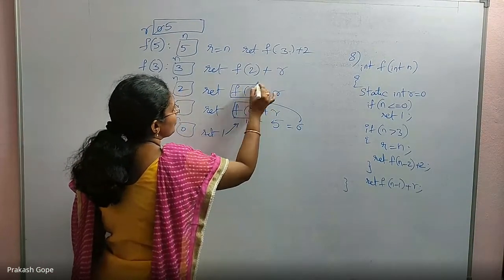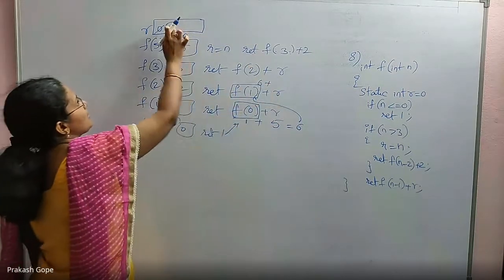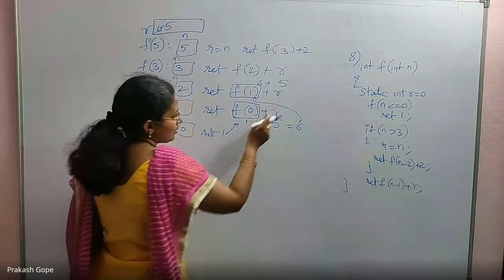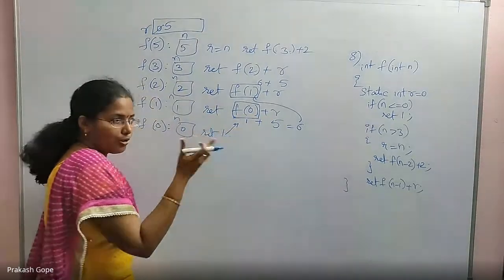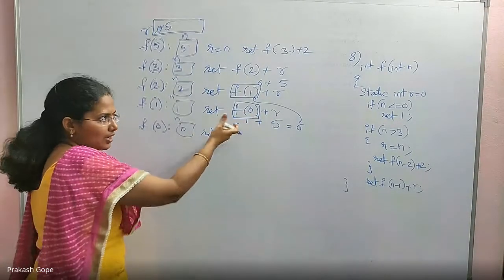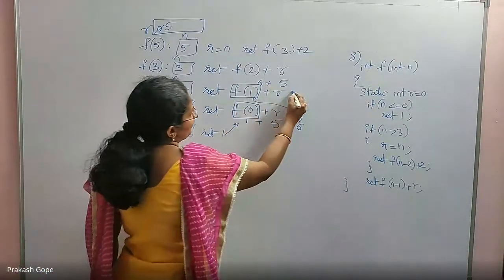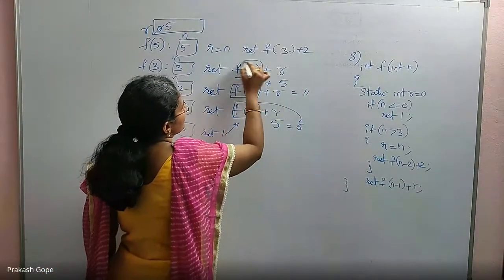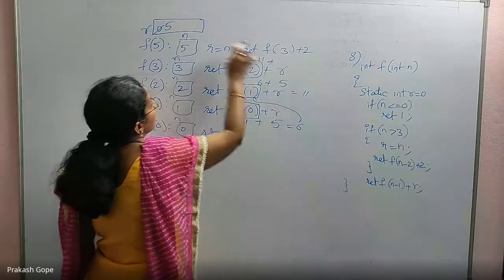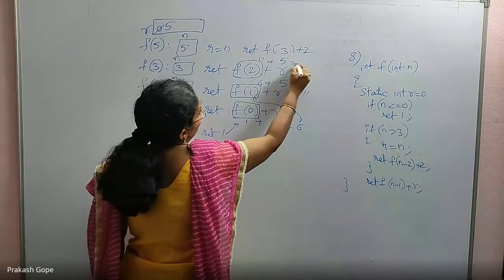This is the calling environment. Plus r. R is again 5. Otherwise, this function call would have modified it. If the code is not like that, r can be modified here, so the updated value would have been used there. So 6 plus 5 is 11. Use this here plus r. R is again 5, which is 16.